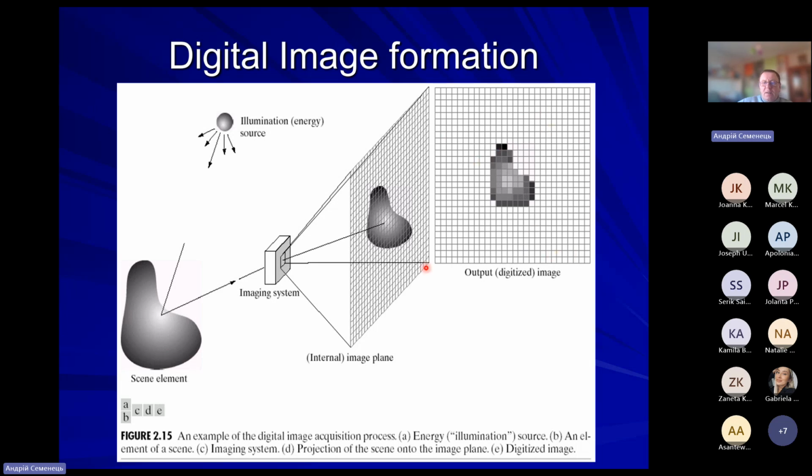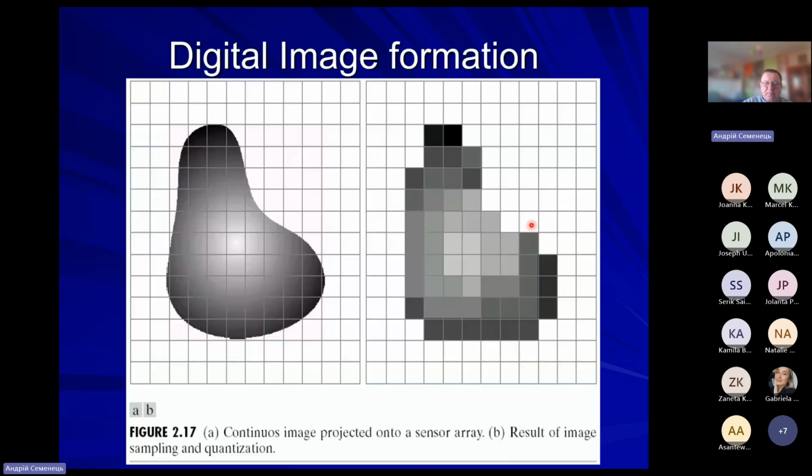Now, from this picture the major problem with digital images has to be obvious, the so-called array size or resolution. To get a better image, each sensor has to be smaller and the number has to be as large as possible.